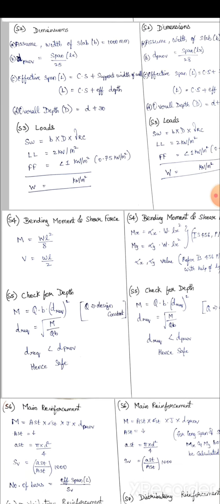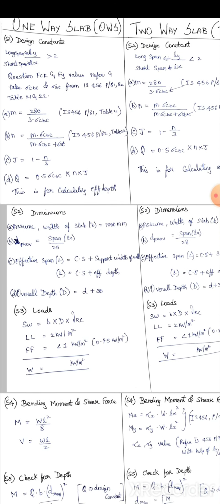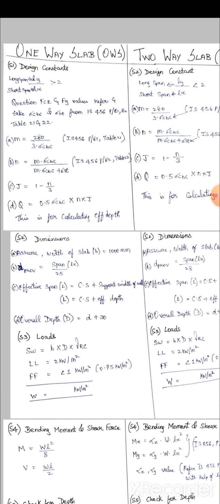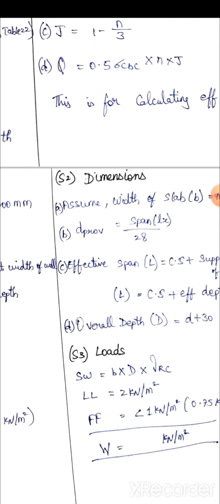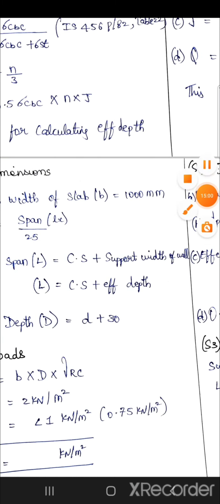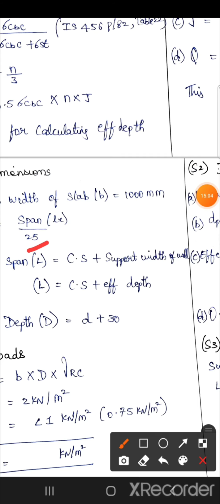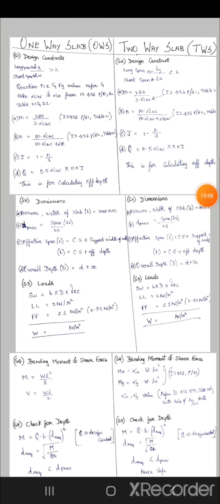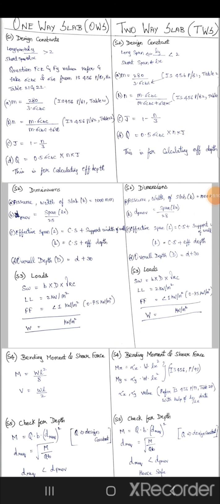Then comes dimension, depth provided: span by 28 for two-way slab, span by 25 for one-way slab. This is the difference between one-way and two-way slab.